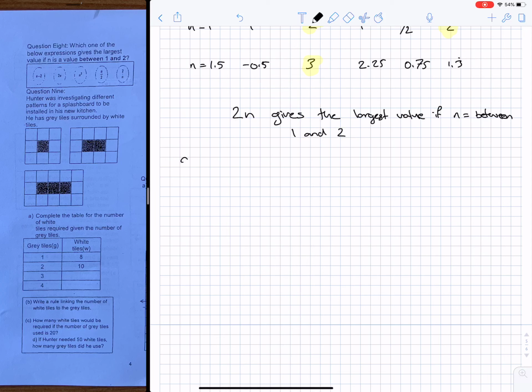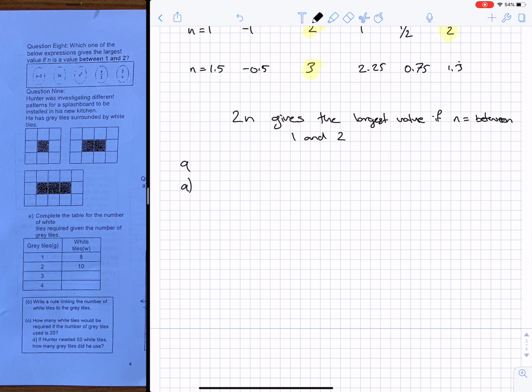Question 9. So 9a. Hunter was investigating different patterns for a splashboard to be installed in his new kitchen. He has grey tiles surrounded by white tiles. Complete the table. So you've got grey tiles and white tiles.